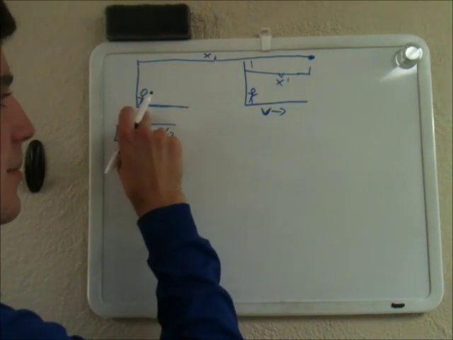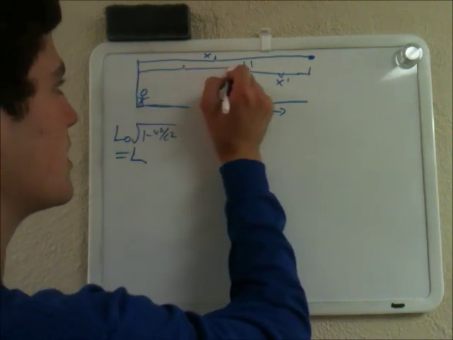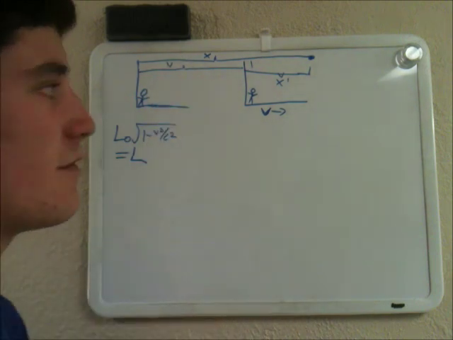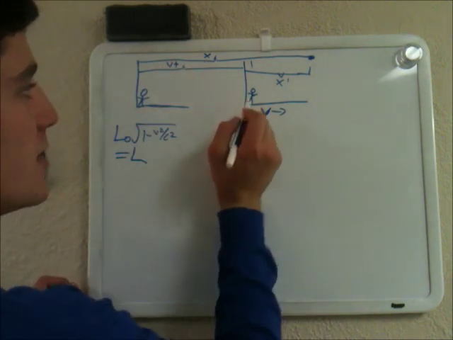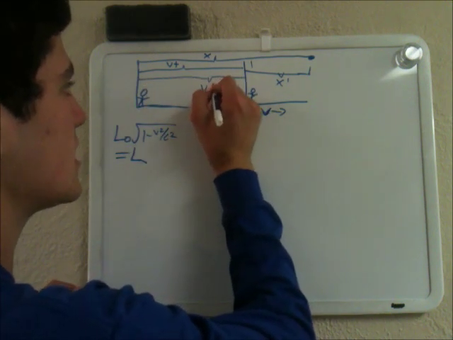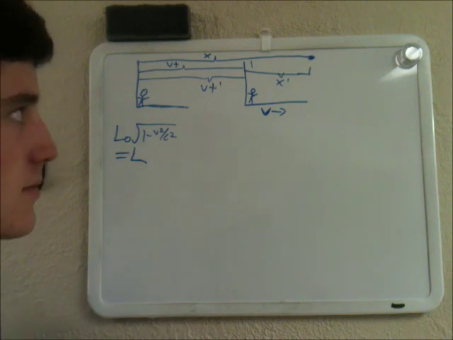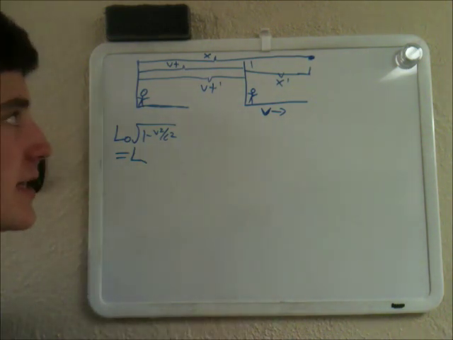The distance the non-prime person is going to measure the prime person to have traveled is going to be the velocity of this reference frame multiplied by time, t, and this person is going to think that they've traveled, since it started, the velocity times t prime. Make sense?